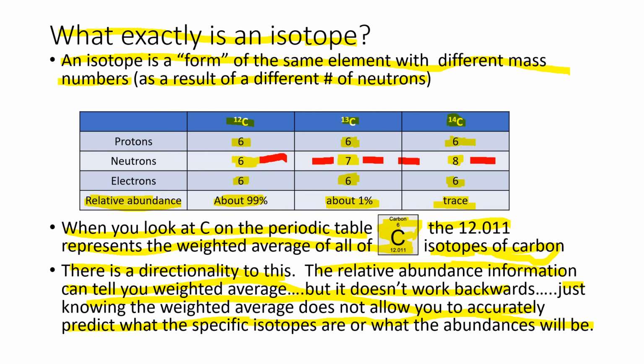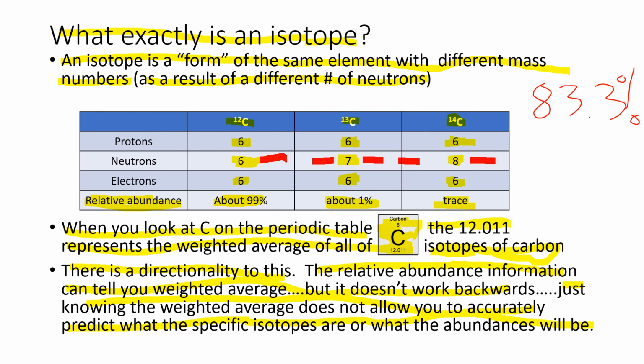To show this, I want to relate it to something you're a little bit more familiar with. What you're a lot more familiar with than isotopes are your grades. In a class, if you get a final average of 83.3%, that doesn't mean you got any individual grade of 83.3%.